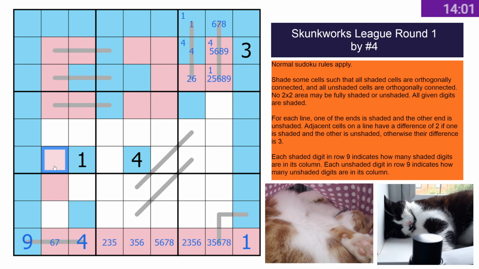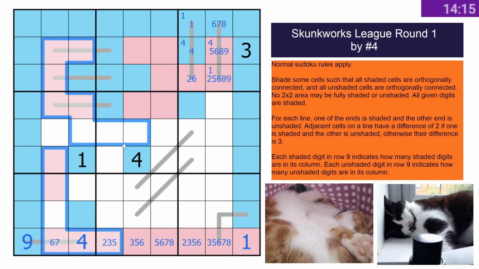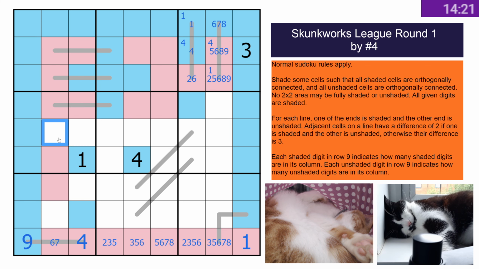If that's pink, then that would be blue. And then that would be pink. The blue here, and then sort of escaping that way. Not necessarily. Instead, that's... Sorry, what was my thought? I thought if that's pink, that has to be blue. Can these both be blue? No, because then one of these gets trapped. So that is a 7. Should get rid of some of this. Oh, I was hoping for a 6-8 pair.